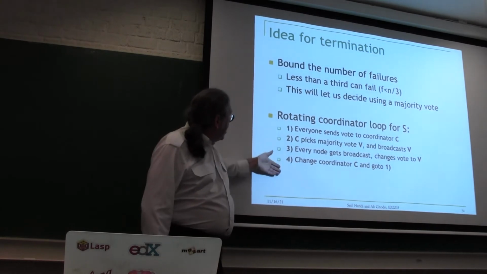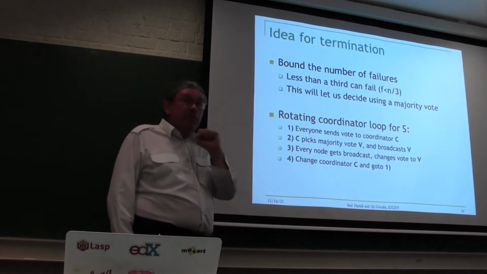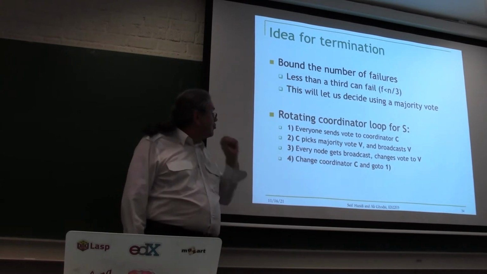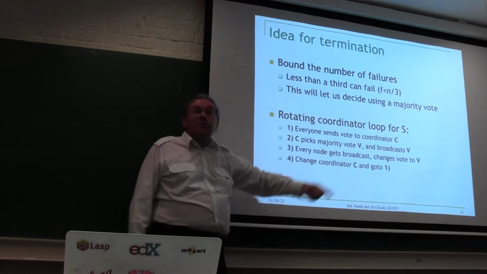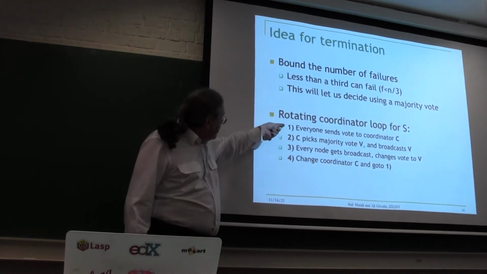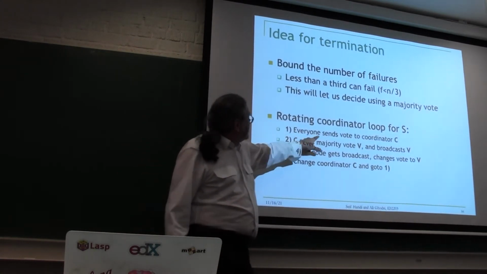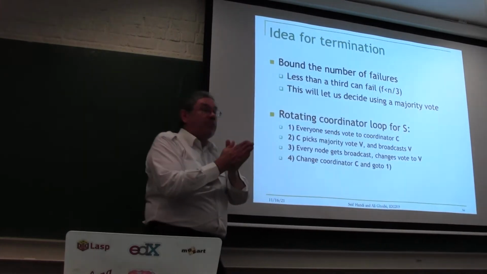So here's the actual algorithm. I want to be very specific about it, and I'll show you the code. This loops in rounds. And in every round, everybody sends their vote to the coordinator.